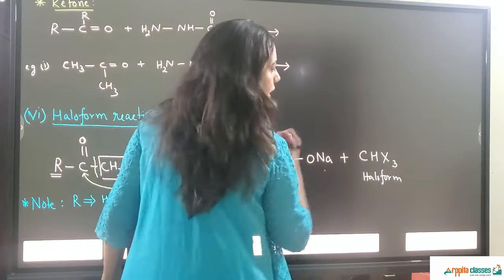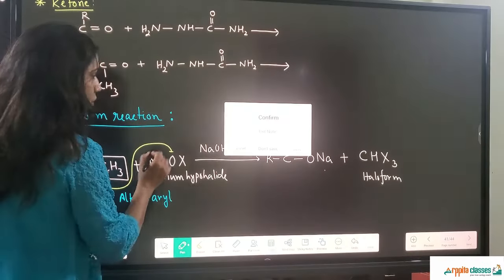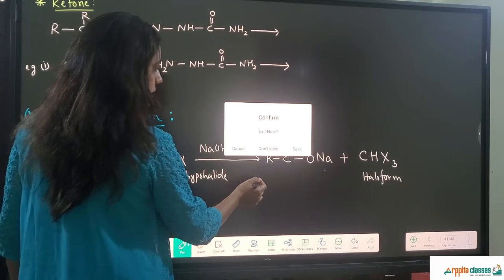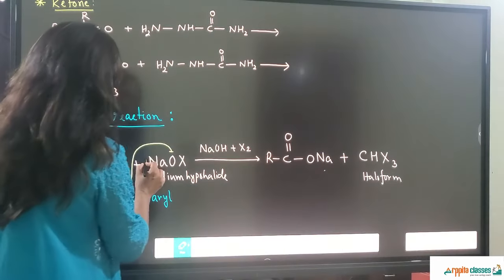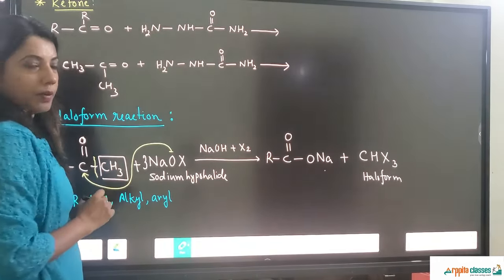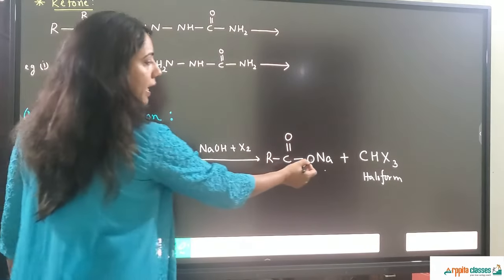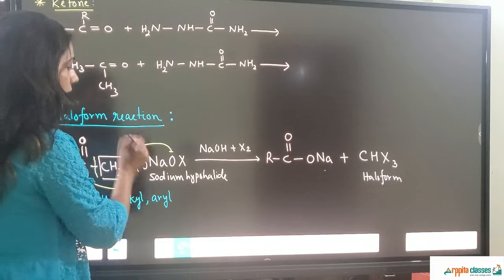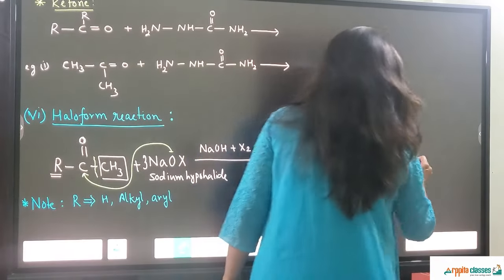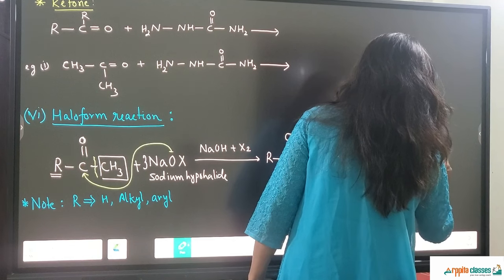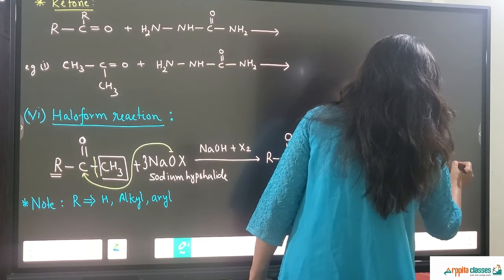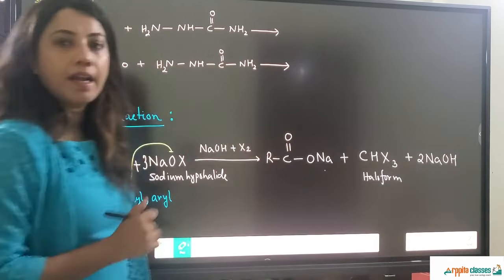See, here we have 3X, right? So for the balancing purpose, we'll put 3 over here. Okay, now there are 3 Na. One of the Na has gone there, so another 2 Na will be giving you a byproduct, that is NaOH. This is the entire reaction.